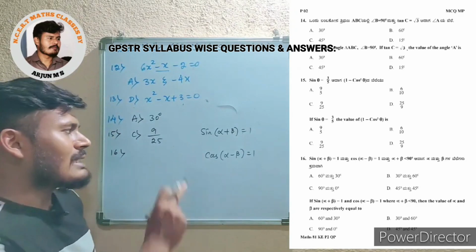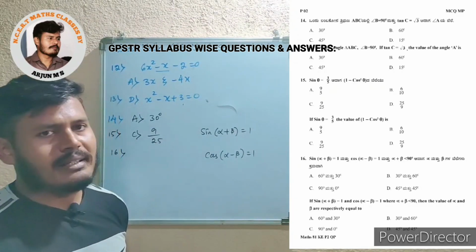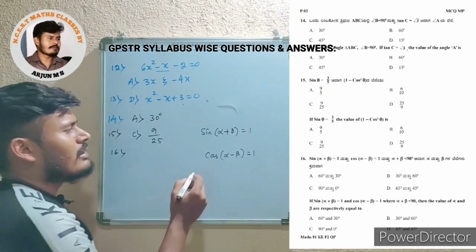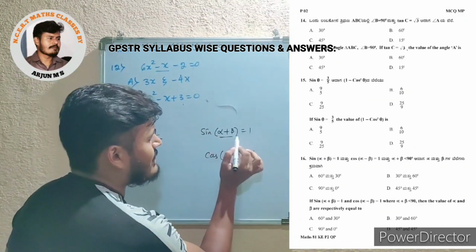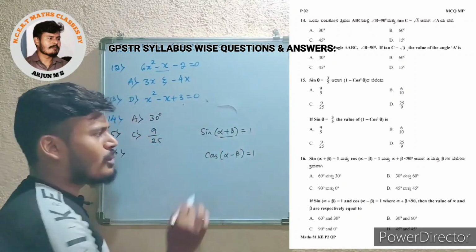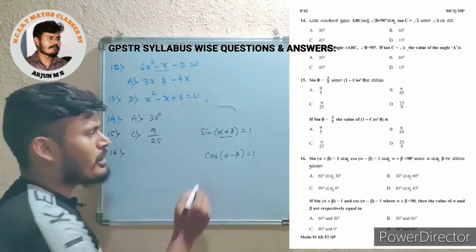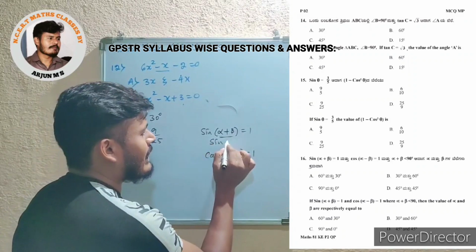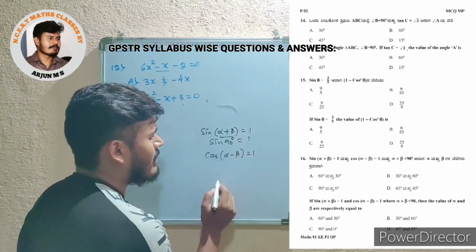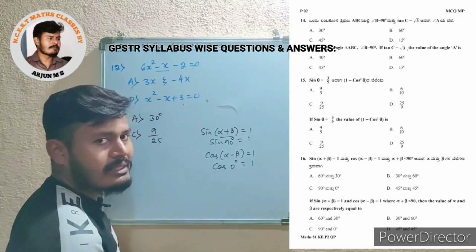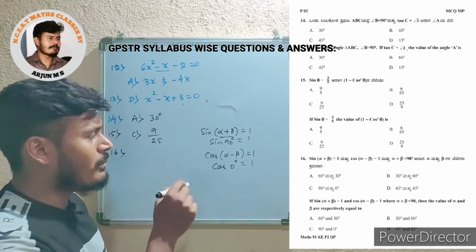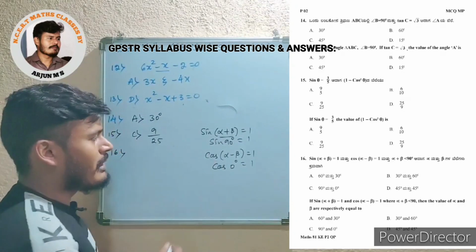We know that the sum of these two angles is less than 90 degree, right? So observe here what angle satisfies sin theta is equal to 1. That is very important. Sin 90 degree is equal to 1 here, and cos 0 degree is equal to 1 here, right? I hope you all know the standard table very well, right?